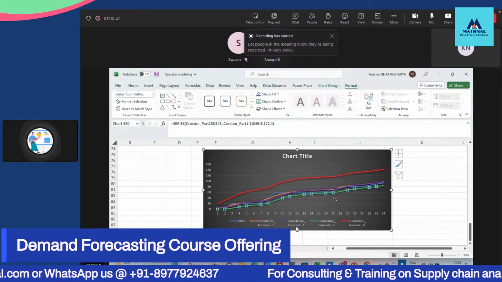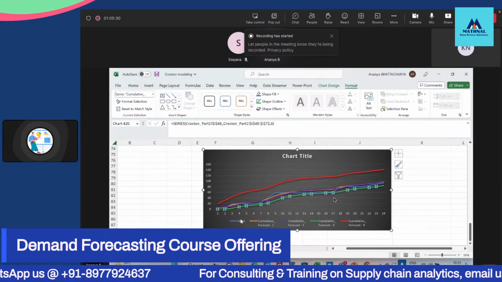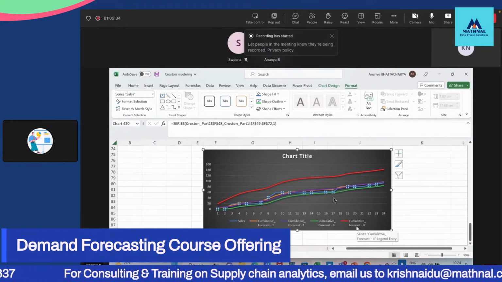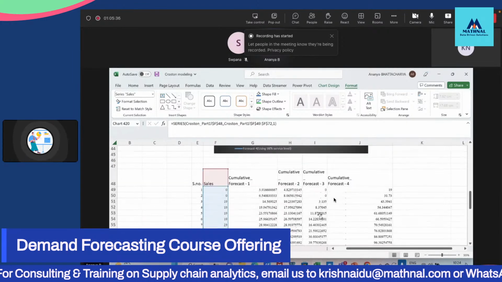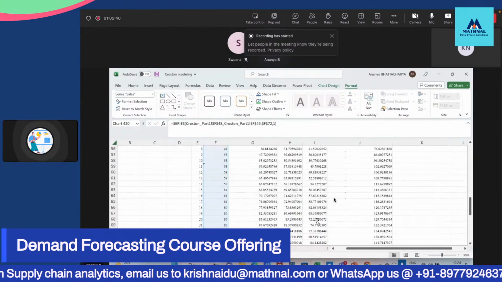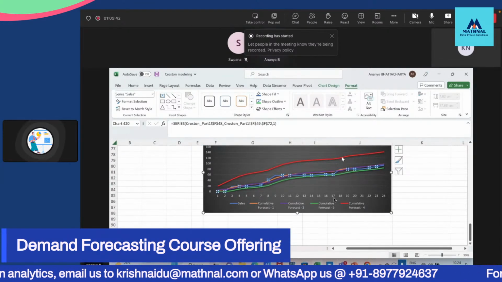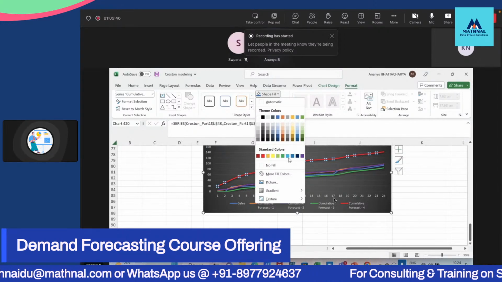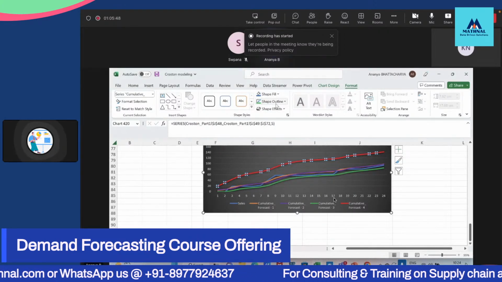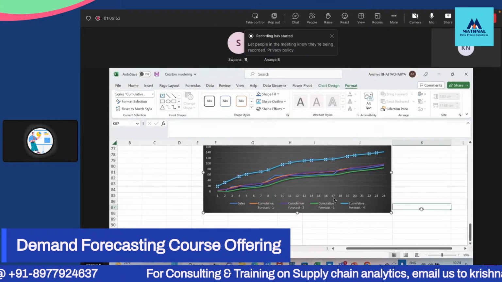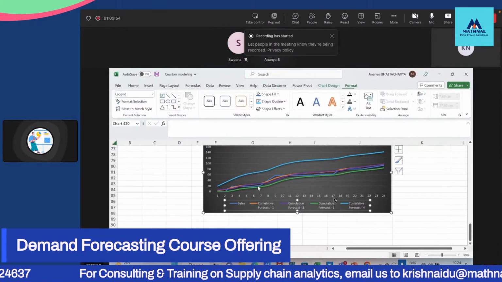I think I made a mistake. So sales is this one. Cumulative forecast 4 is red, but cumulative forecast 4 should have this sky color. So this red should actually have this slightly sky color, not a shade. Let's go to the forecast.